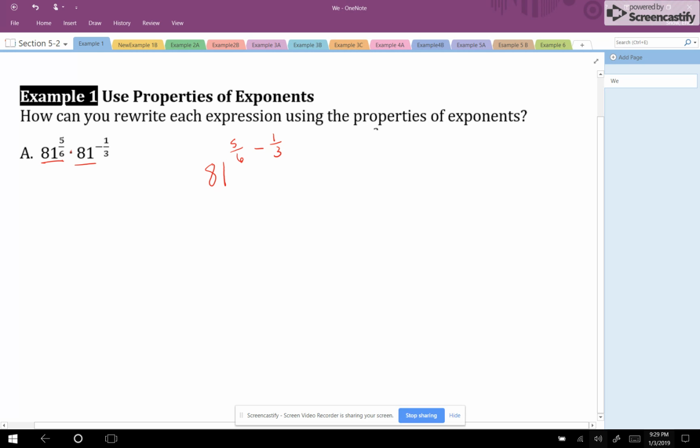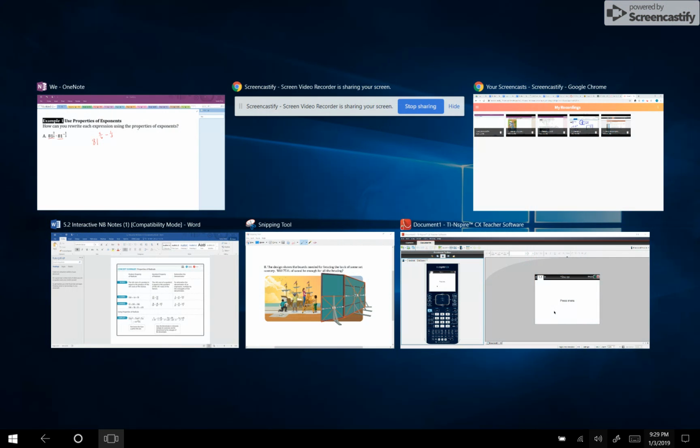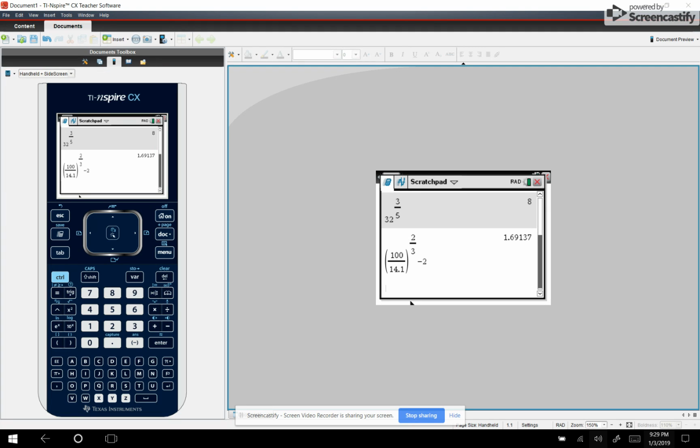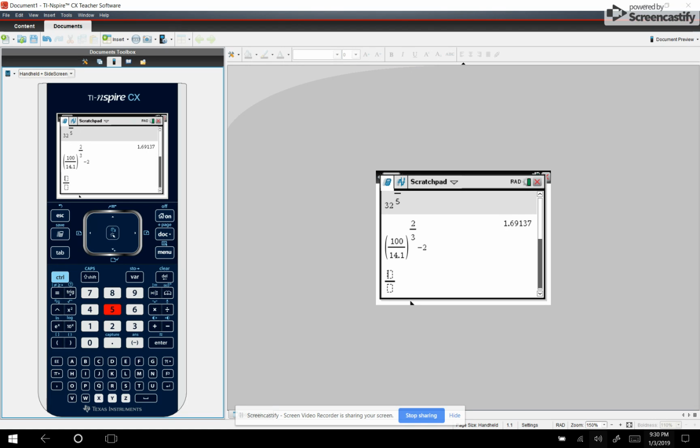You can put 5/6 minus 1/3 in your calculator, which is exactly what I'm going to do. So we're going to have 5/6 minus 1/3, and we get 1/2.